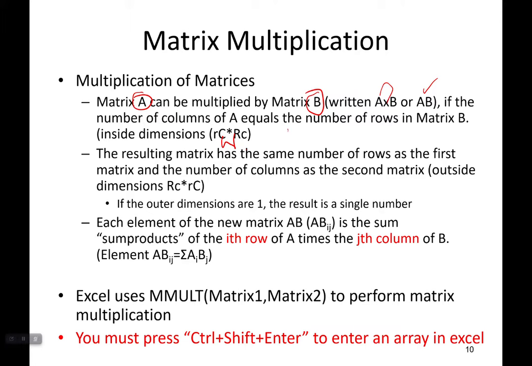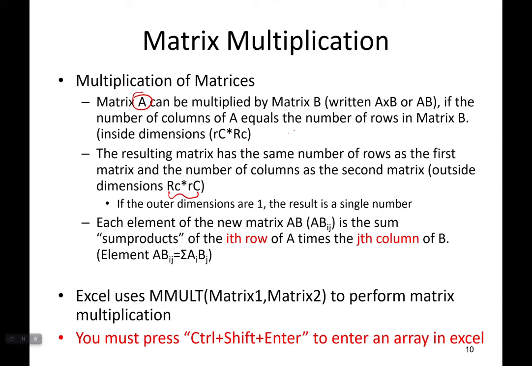In other words, I can multiply a 2 by 3, and we'll just write this as 2 rows by 3 columns, by a 3 by 5, because it has the same inner dimensions. So you can only multiply matrices that have the same inner dimension. Now the resulting matrix, in this case AB, has the dimensions of the outer.